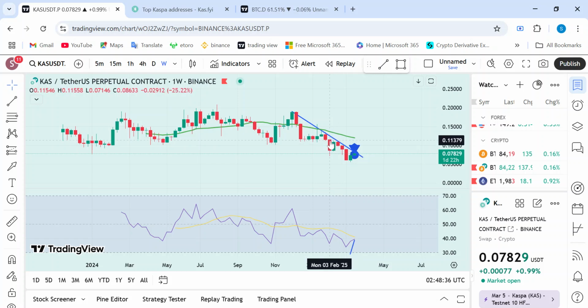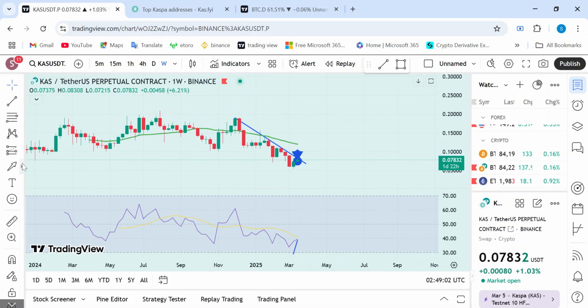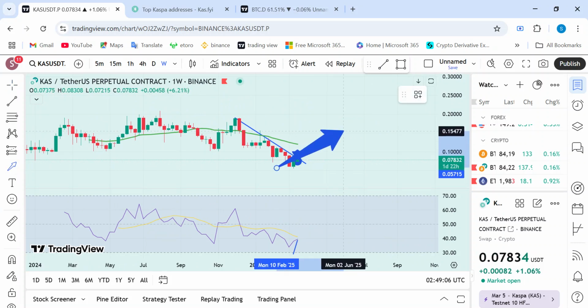However, then the LPS happened, which means they almost offloaded all of their early accumulated coins, market makers collectively I'm talking about, and then they push the prices down, liquidate all the longs so they can buy back in and get the prices higher to these levels or even here.